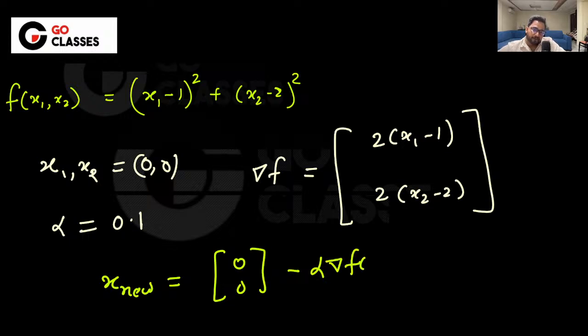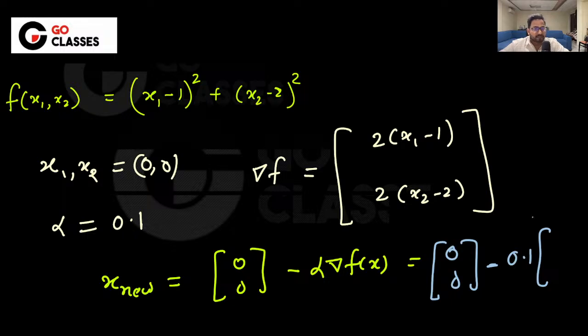Or in other words, it will be 0, 0 minus alpha, which is 0.1, into grad. If you put 0, 0 here, oh sorry, the grad is not 0, it is minus 2, minus 4.